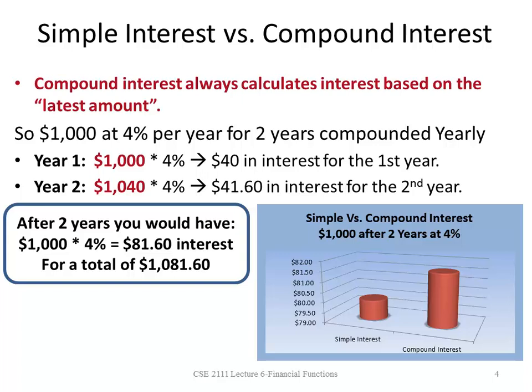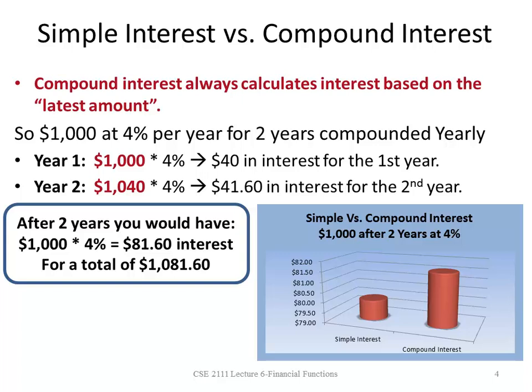Compound interest always calculates the interest based on the latest amount. So let's take that same $1,000, put it into a savings account. I get 4% per year, but now it's compounded yearly. So I take that $1,000. At the end of the first year, I will get $40 interest. I will take that $40 interest and add it to the principal amount, which is $1,000.